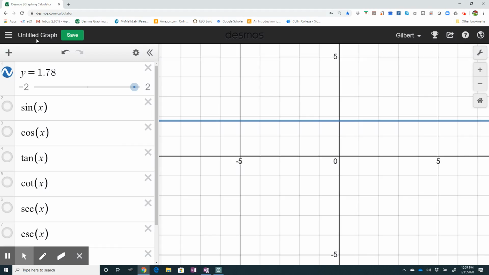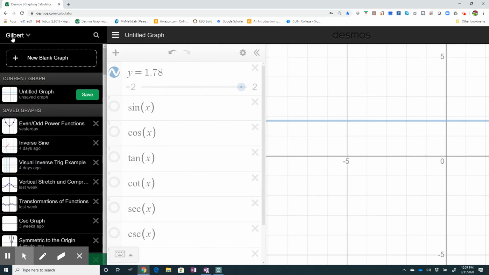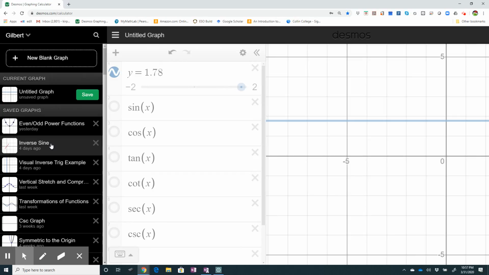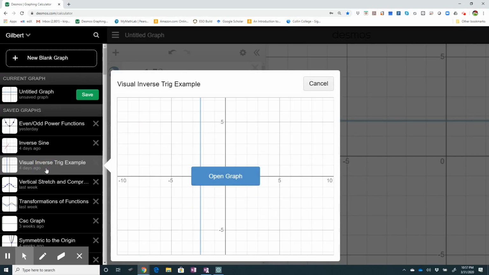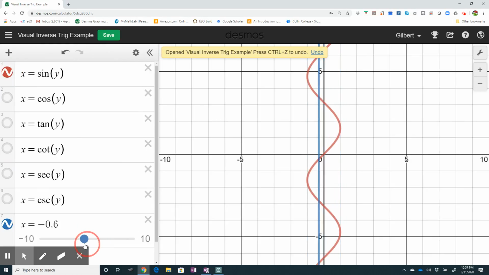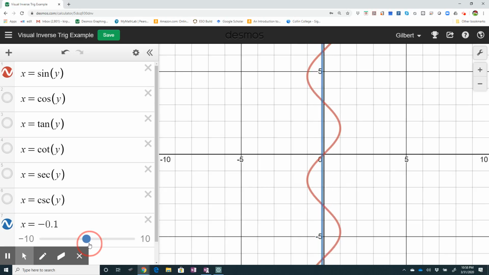Going back to Desmos, I want to show that it fails the test. So notice that it fails the vertical line test miserably. So that's not a function. Same thing with cosine.